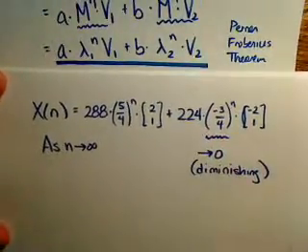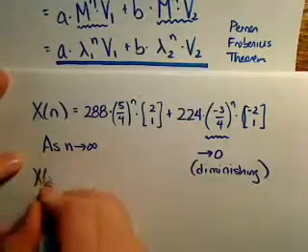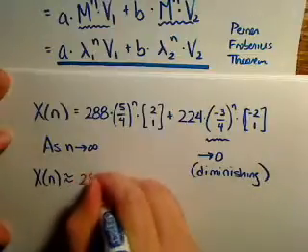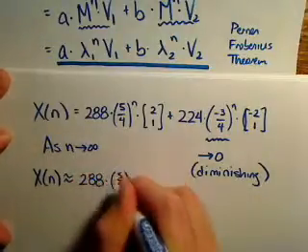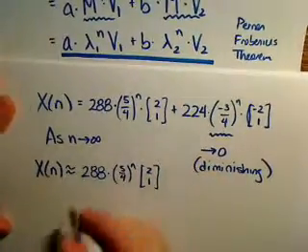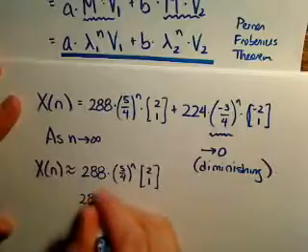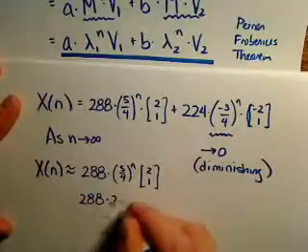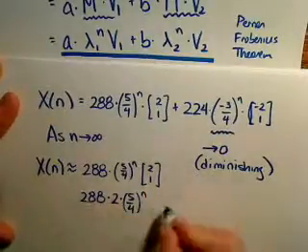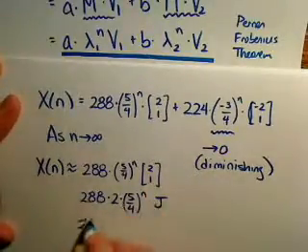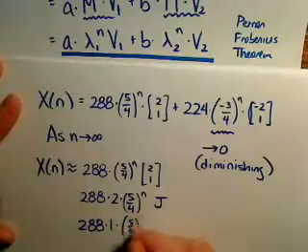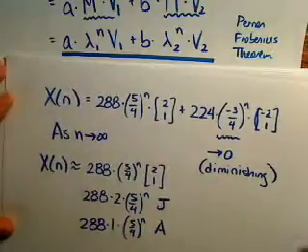So as n approaches infinity, xn is pretty much the same as 288 times 5/4 to the n times (2, 1), which, if you're looking at it from a juvenile's and adult's perspective, is 288 times 2 times 5/4 to the n juveniles, and 288 times 1 times 5/4 to the n adults.